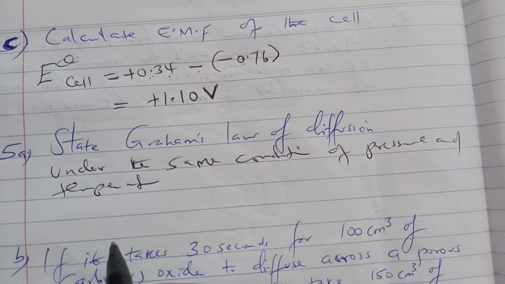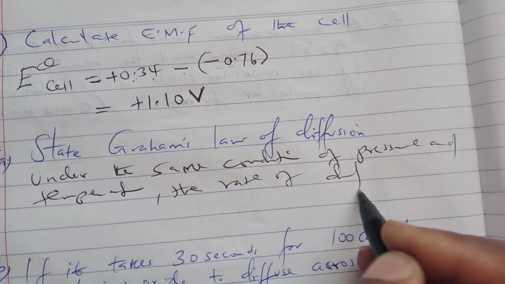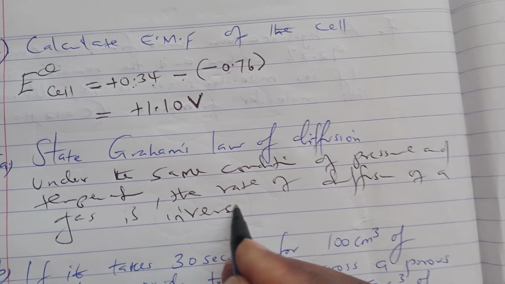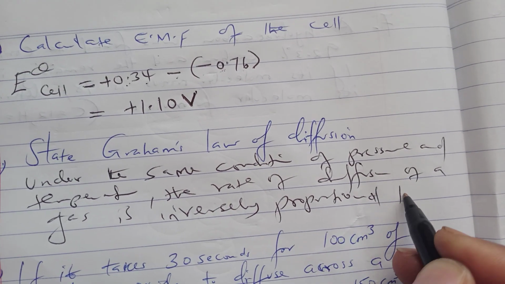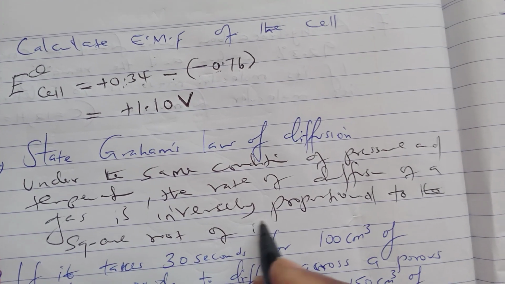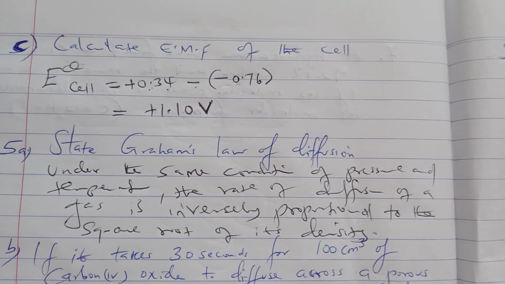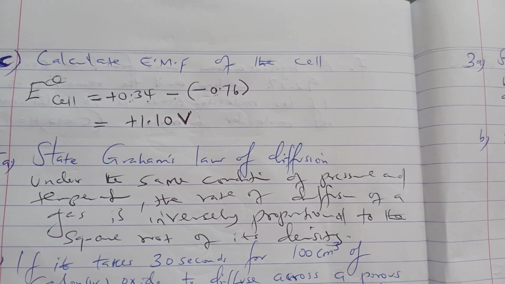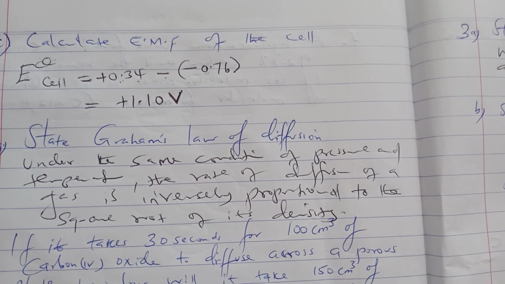Temperature, or temperature and pressure, the rate of diffusion of a gas is inversely proportional to the square root of its density. So the condition is temperature and pressure must be the same, and then the rate of diffusion of a gas is inversely proportional to the square root of its density.